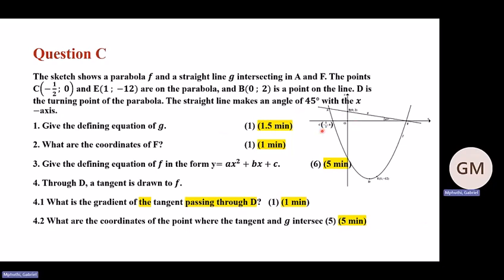Here is C, and immediately when they've given a minus half and 0, you must know that that's an intercept. And this is any point there, E, on the parabola.